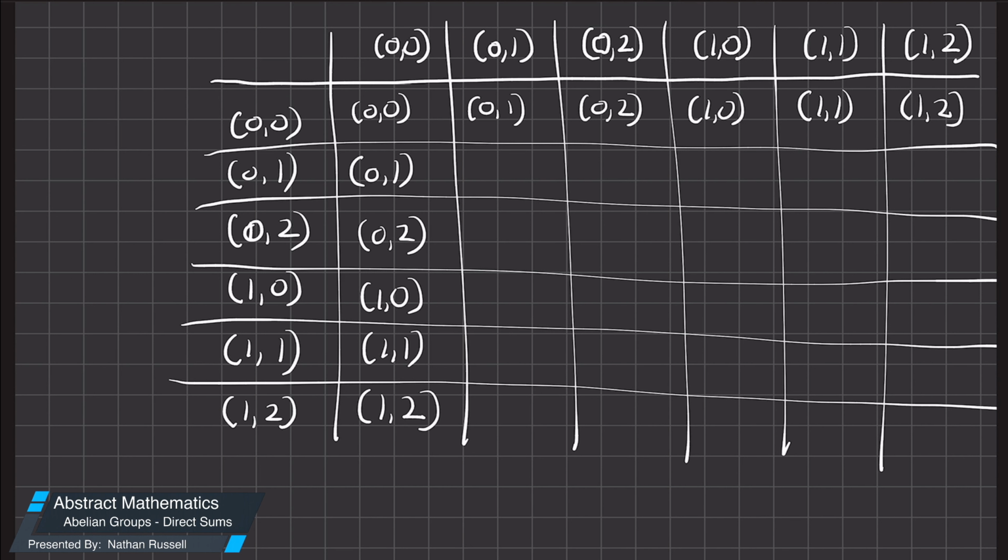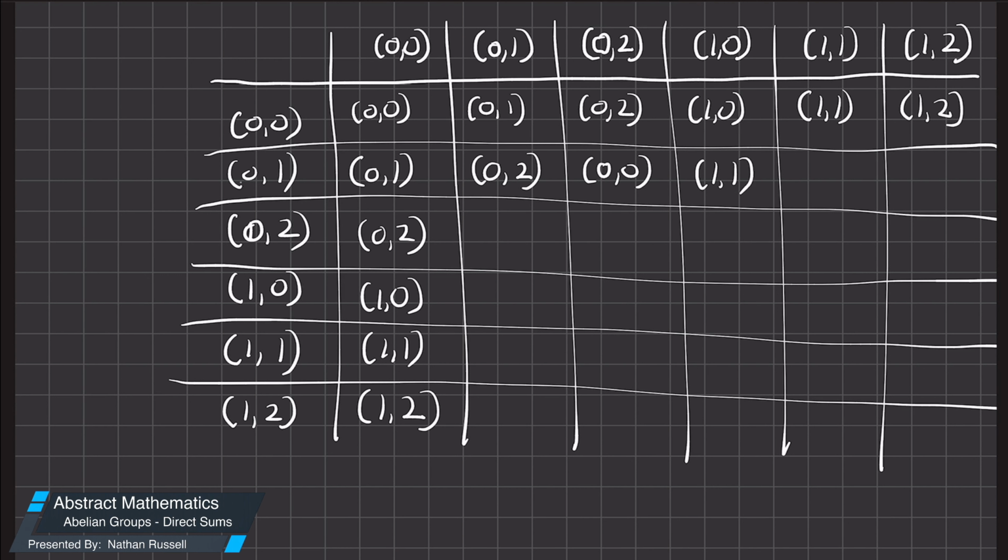Okay, so now let's go through here. 0, comma 1 plus 0, comma 1, that becomes 0, comma 2. And here, this will become 0, comma 0 because 0 plus 0 is 0, but 1 plus 2 in mod 3 becomes 0. So this is 0, comma 0. And now we have, looks like 1, comma 1. Okay.